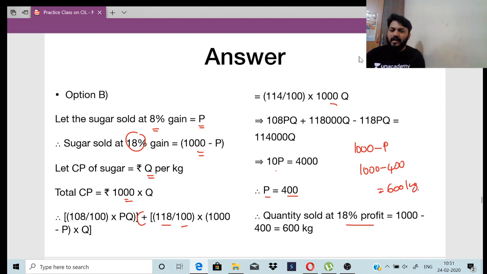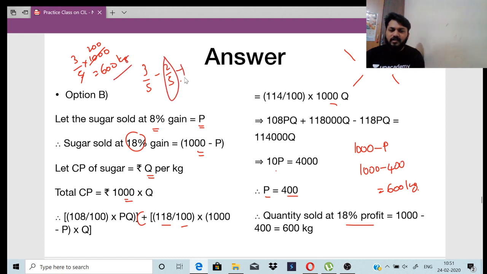You guys can go for the alligation method also, right? By the rule of alligations, you will get 3 by 5. One quantity is 2 by 5, one quantity is 3 by 5. So it is 3 by 5 into 1000. 5 into 200, 5 200s are 1000, 3 into 200 is 600 kg.